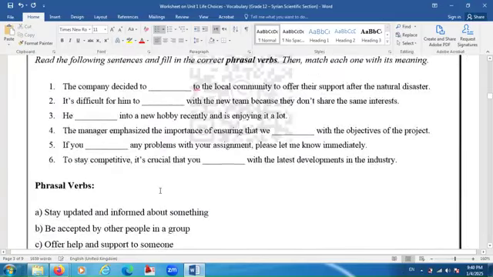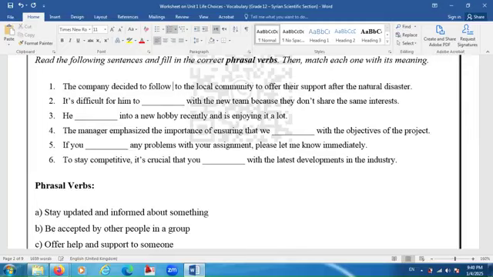Okay, I will write now here. The company decided to the local community to offer their support after the natural disaster. To start something and continue doing it, it is to follow with, follow through, my bad.